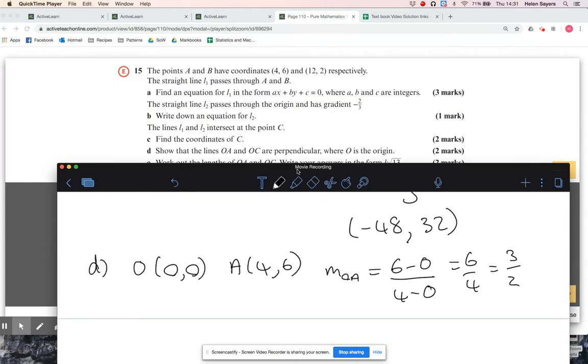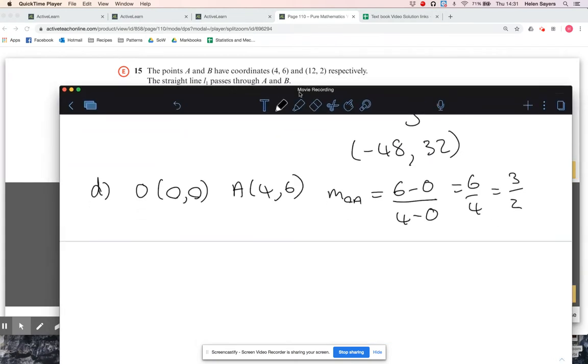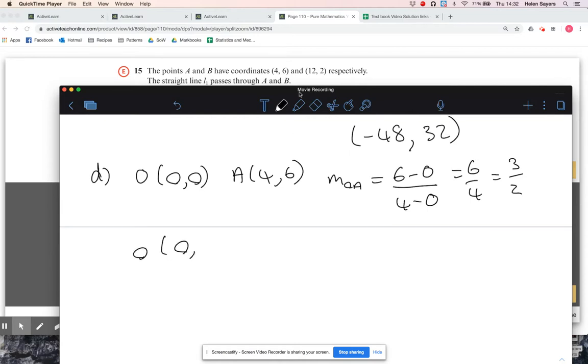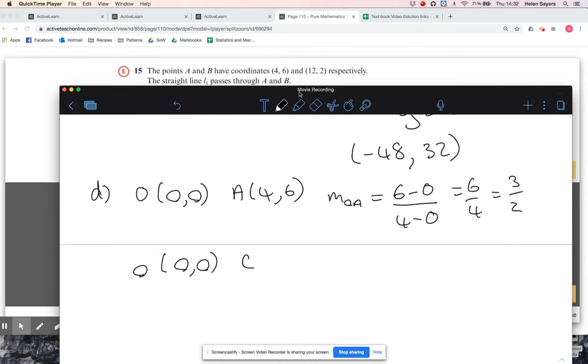And then OC. Well, we just worked out C. The origin is (0, 0), and C is (-48, 32). The good thing about this is if these don't work out to be perpendicular, then I'll know I've made a mistake in C. That's not really a good thing, but at least I'll know.